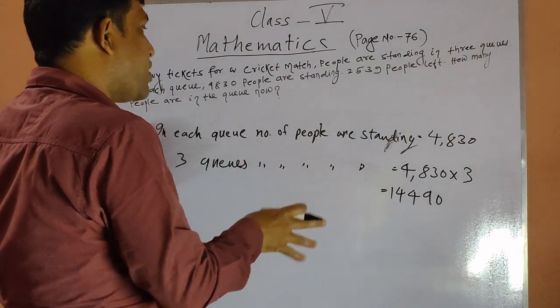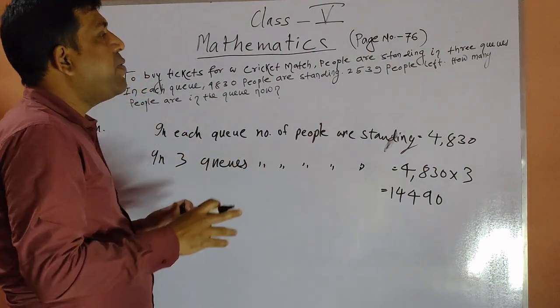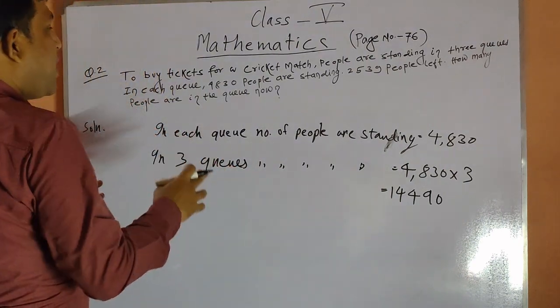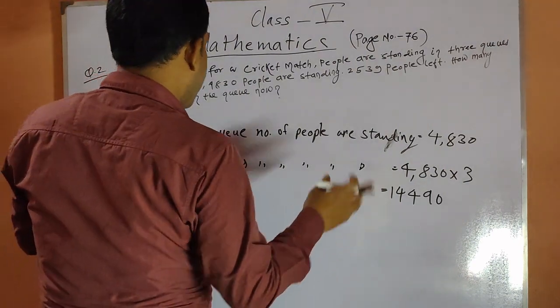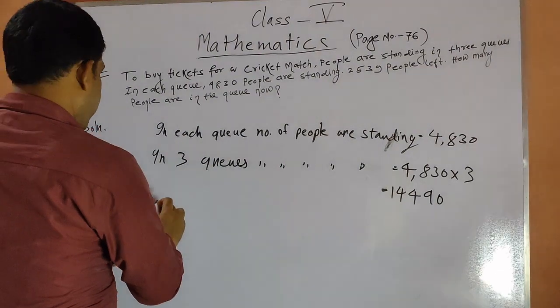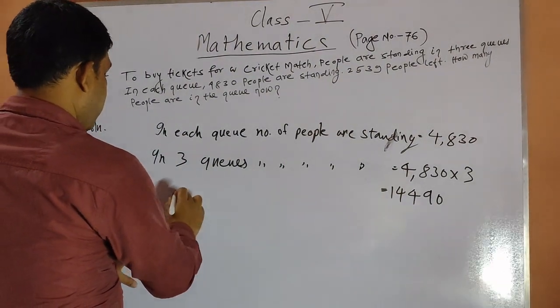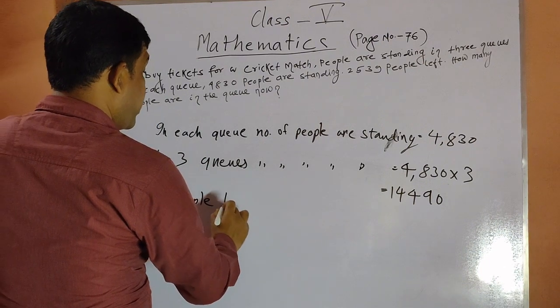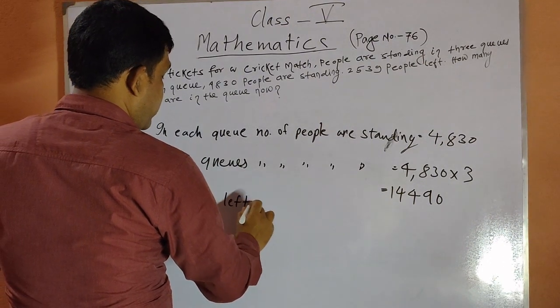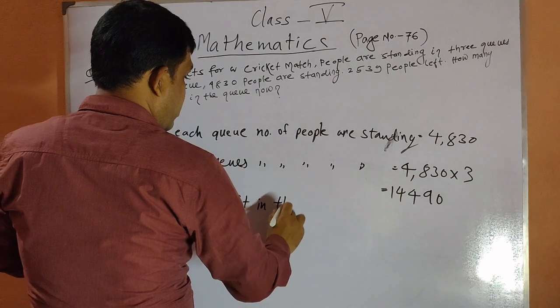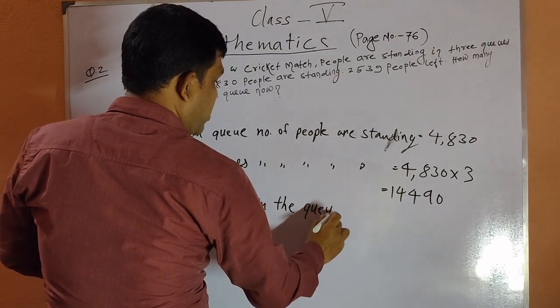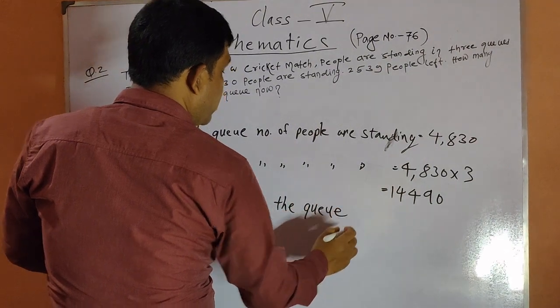Out of the 3 queues, 2539 people left the queue. That means how many people are left in the queue?